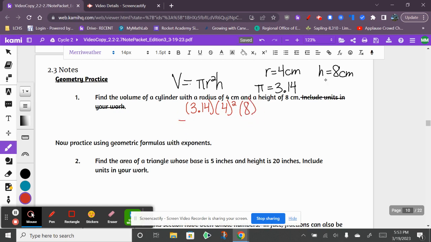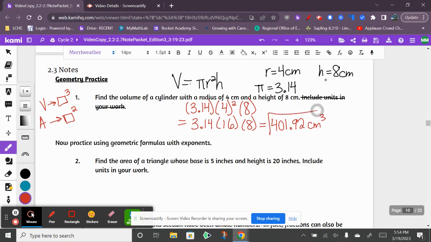Okay, if we work that out, we're going to have 3.14 times 16 times 8. And if we multiply all of that together, we get 401.92. And when we're dealing with volume, our units are going to be to the 3rd. When dealing with area, units will be squared. So this will be centimeters cubed, or to the 3rd.